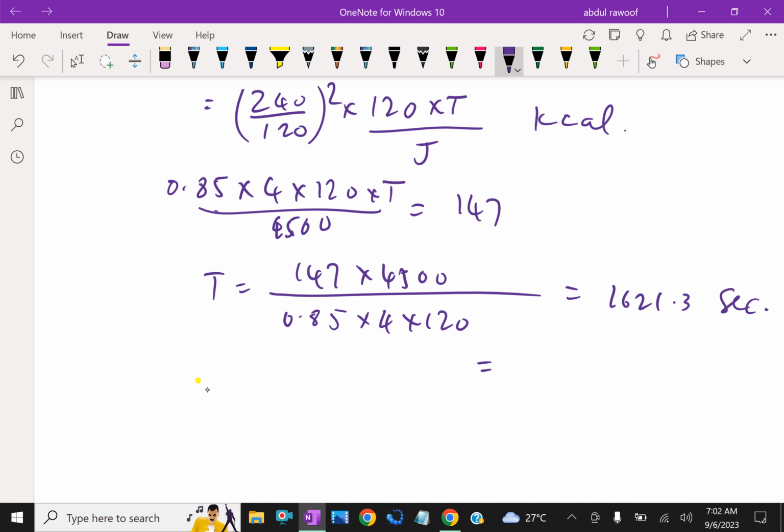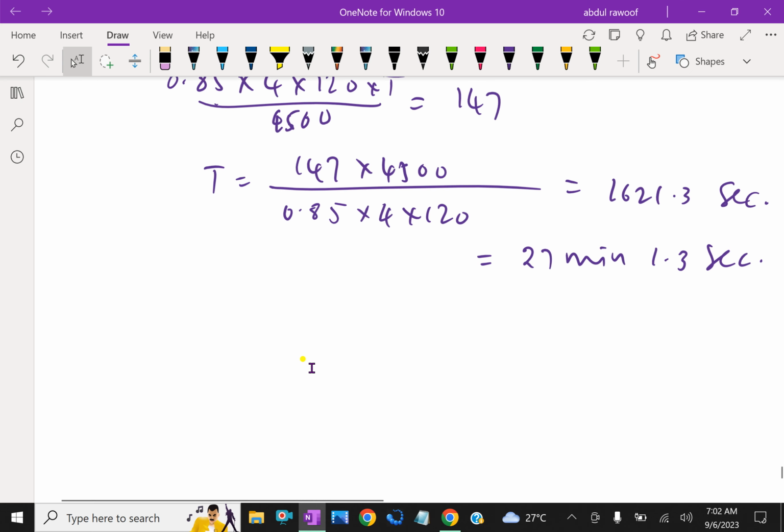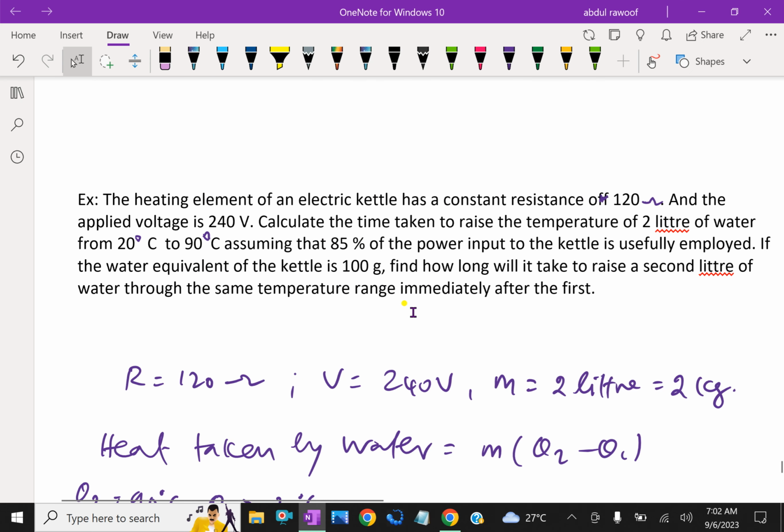Converting to minutes, which gives 27 minutes and 1.3 seconds approximately. So this much time is taken to raise the temperature from 20 degrees to 90 degrees of 2 liters of water.